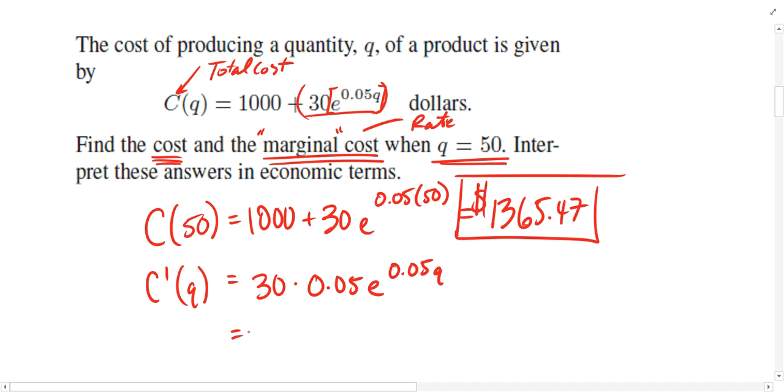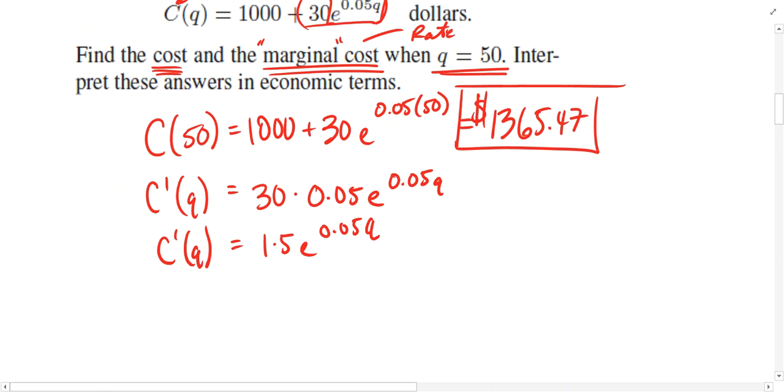Simplified just a little bit more, 1.5 e to the 0.05q. And this formula represents the marginal cost at any given time. Again, the marginal cost describes the rate, or how much it costs to produce each unit. And what you need to realize is that in businesses, the rate to produce each unit differs with the number of units that you actually produce.